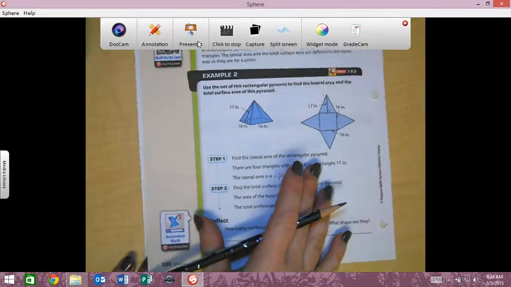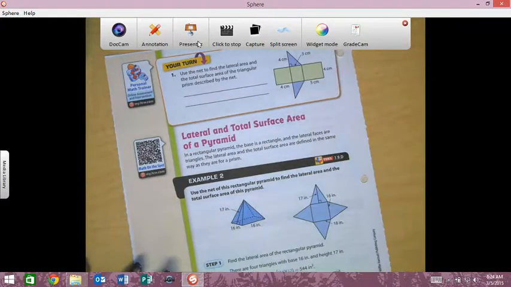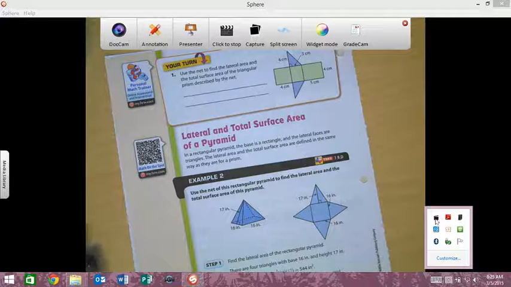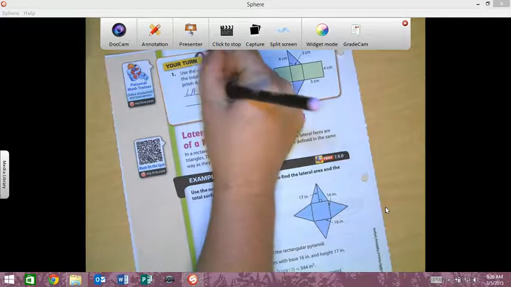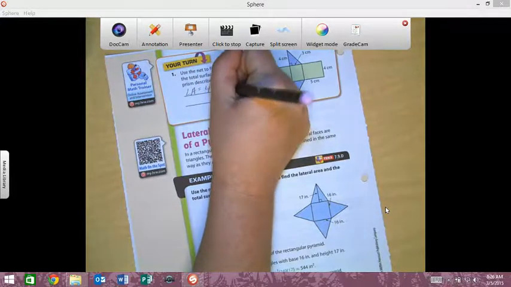So on the back side, you've got a your turn. So go ahead and use the net to find the lateral area and the total surface area of the triangular prism described by the net. Okay, so for your lateral area, you should have gotten 48 square centimeters.